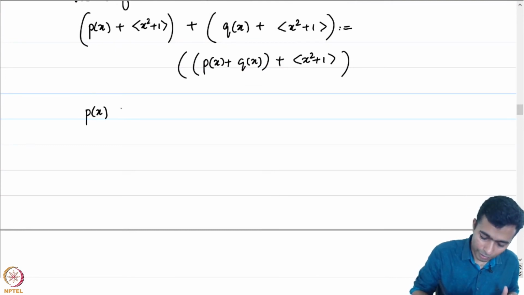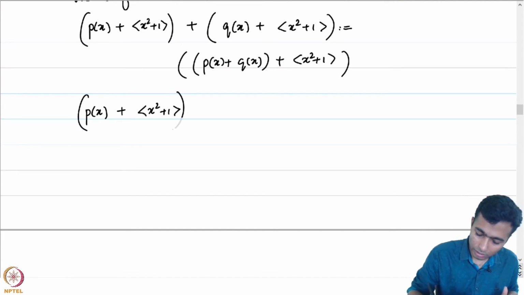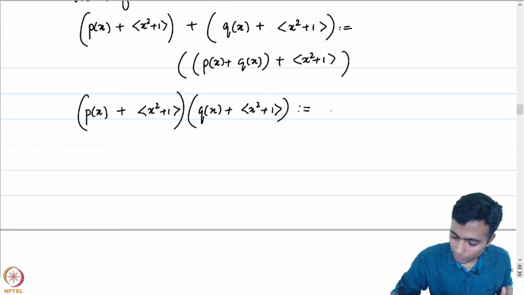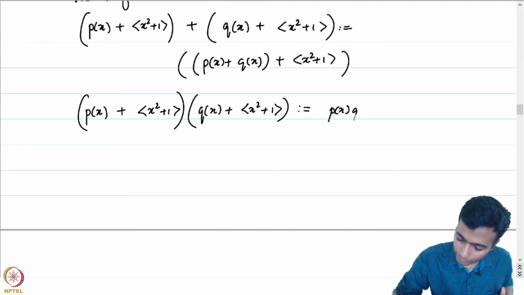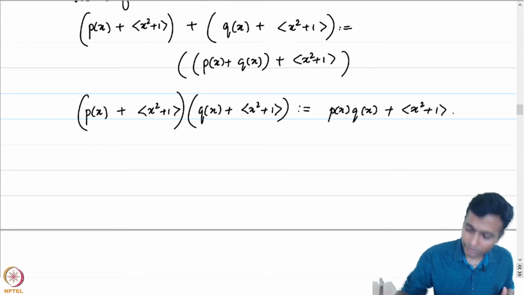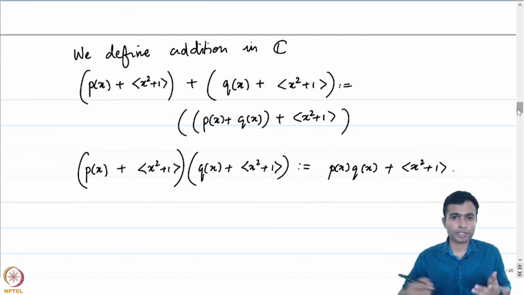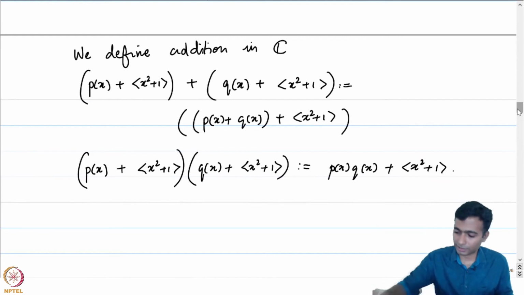And what about p of x plus x square plus 1 times q of x plus x square plus 1? This will be defined to be equal to p of x times q of x plus x square plus 1. These are the standard definitions of the addition and multiplication operations being defined on the quotient spaces.